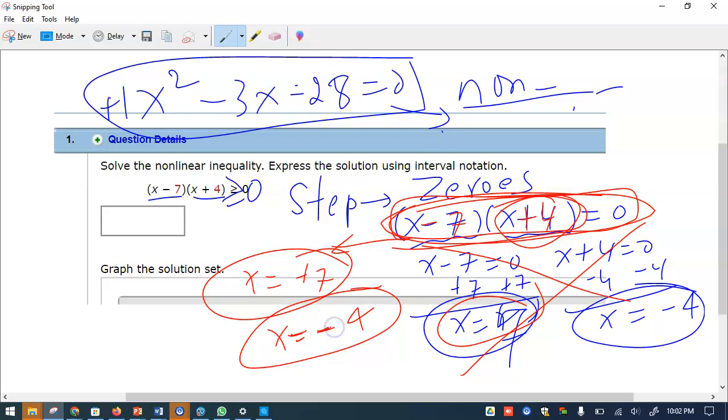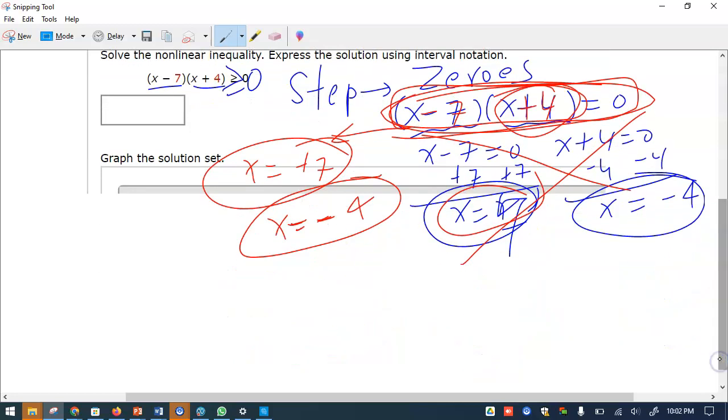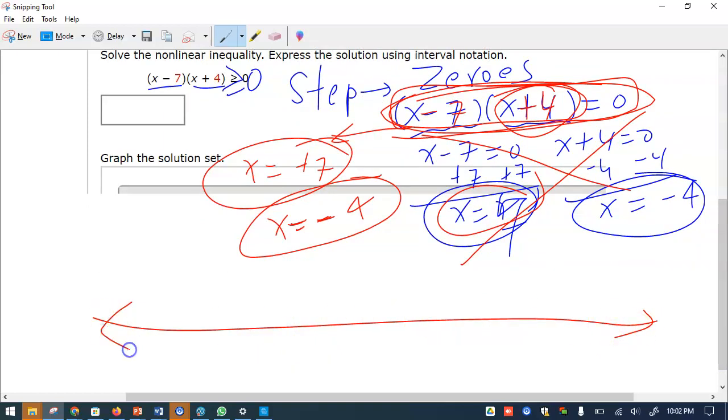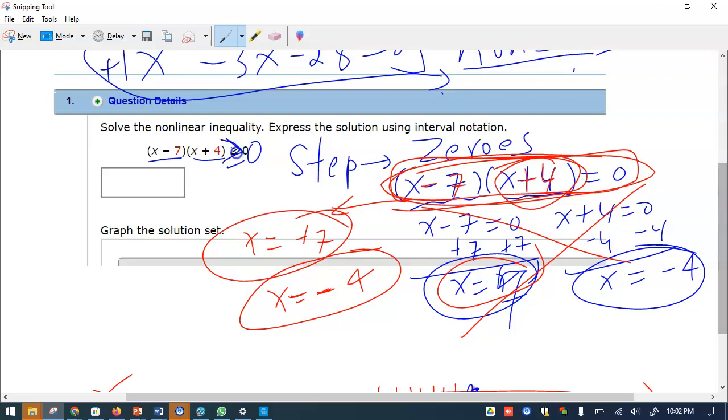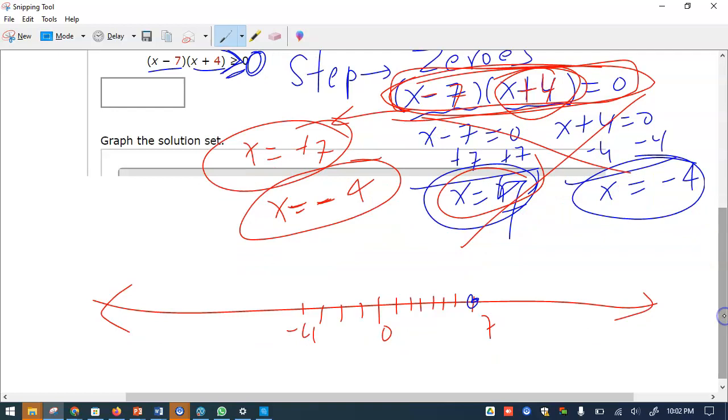What we do next is draw a number line and ask where this 7 is. I'll put 0 here, and 1, 2, 3, 4, negative 4, and 1, 2, 3, 4, 5, 6, 7. These are the main numbers, and now here is the trick. There is a greater than or equal to, so not just greater than zero, but equal as well. Since there's an equal sign, you put a closed circle in both places.